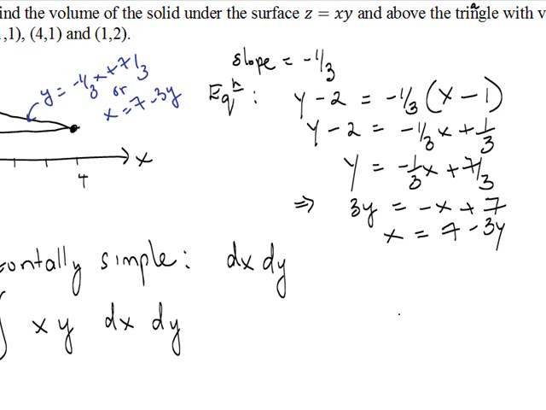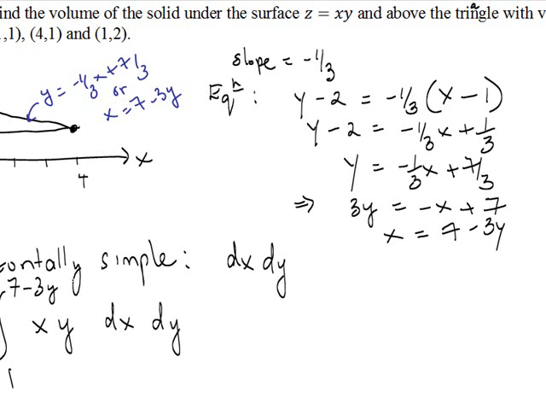Can somebody give me the y limits, please? 1 to 2. Horizontally simple, we are moving from left to right. What is on the left? x equals 1. And what is on the right would be our line, 7 minus 3y.